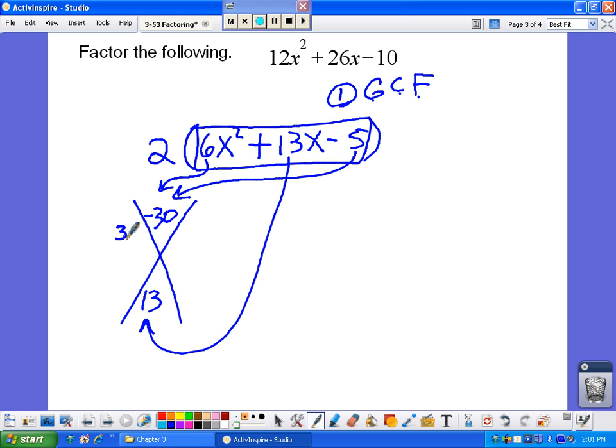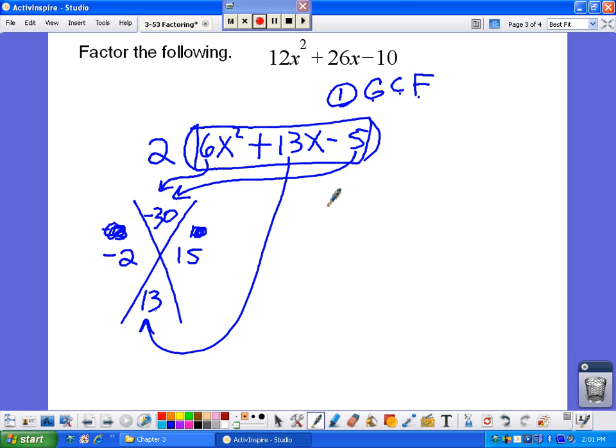These aren't going to work, but let's try it. 3 and 10 does multiply to give me 30. I could make it negative by making it negative 3, but I can't add them to get 13. So that's not working out. So maybe 2 and 15. Well, 2 times 15 is 30, not negative 30 though, and I need a positive 13. Well, let's just make that 2 negative. Negative 2 times 15 is negative 30, and 15 minus 2 is 13. There we go. We got it.